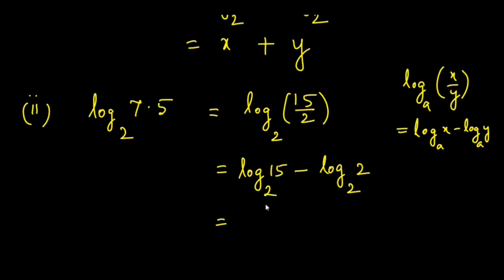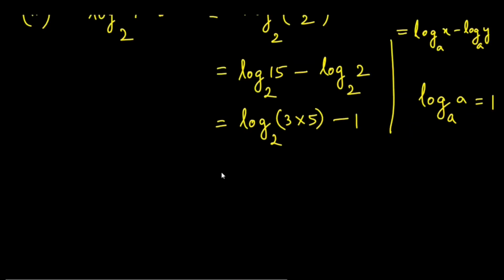Log of 15 to the base 2 can be written as log of 3 into 5 to the base 2 minus log of 2 to the base 2 is 1 because log of a to the base a is equal to 1. Now use product rule here.